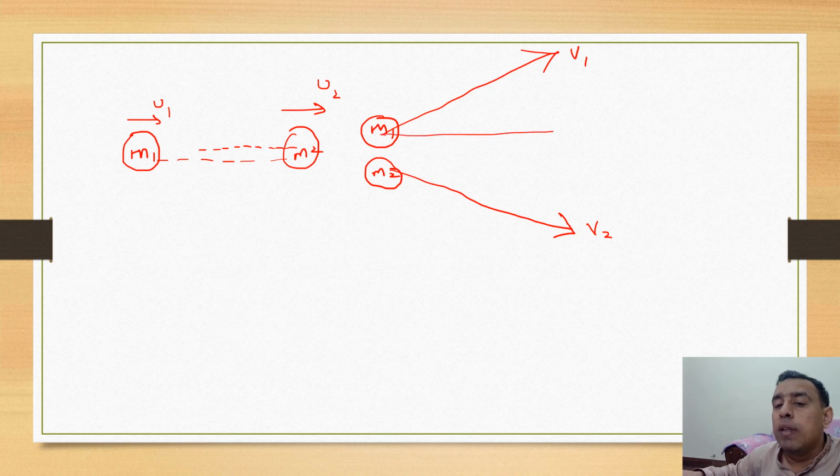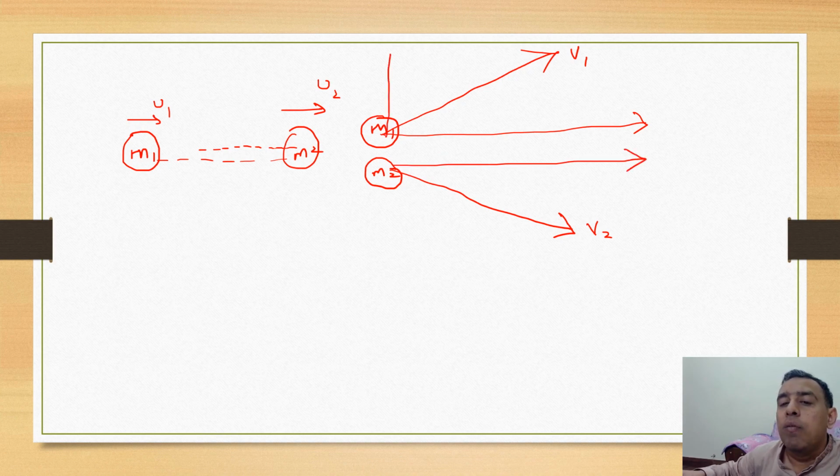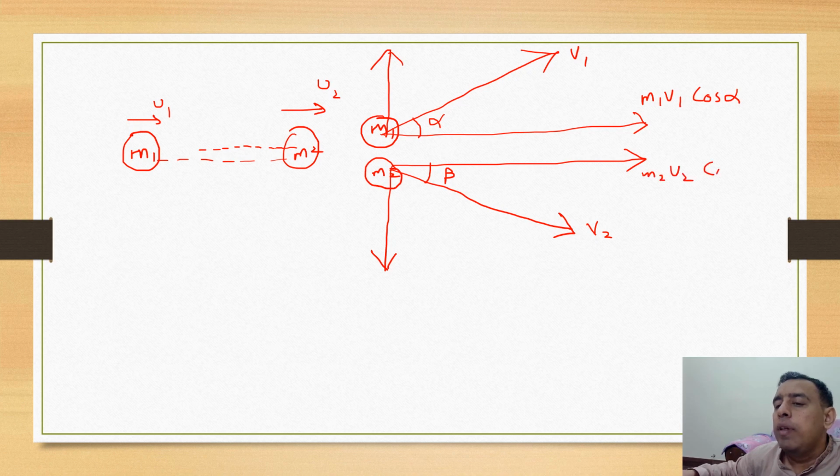For example, this is the horizontal component, this is the horizontal component, and these are the vertical components. If these are the horizontal, we must have an angle over there. Say this angle is alpha, this is beta. So this is m1 v1 cos alpha. This is m2 v2 cos beta.